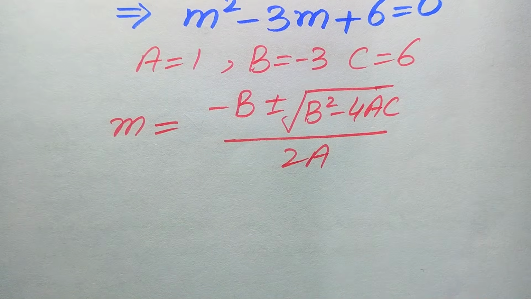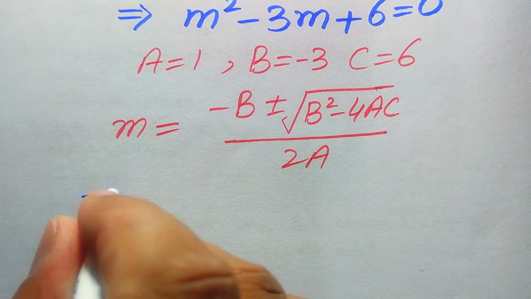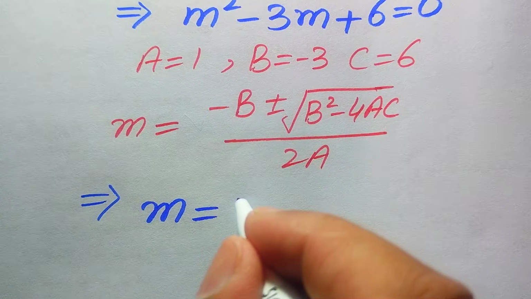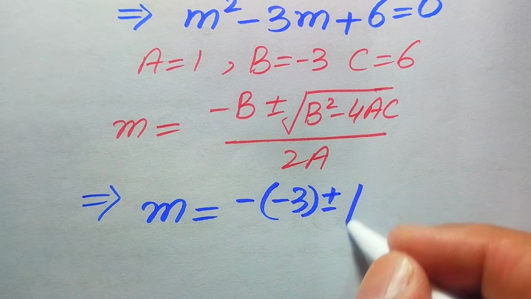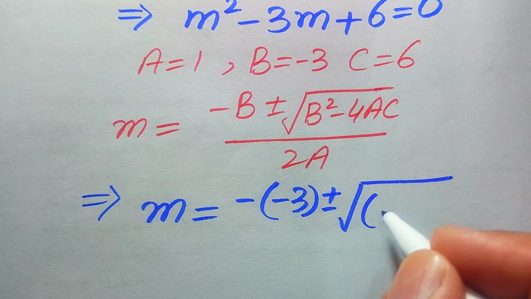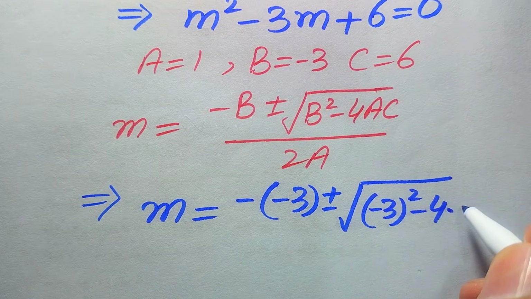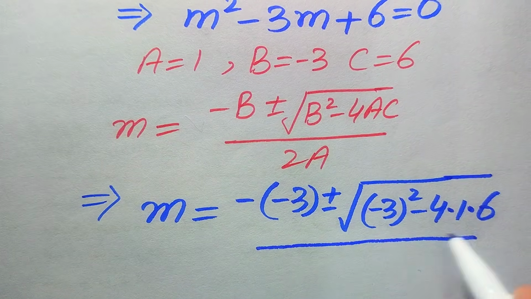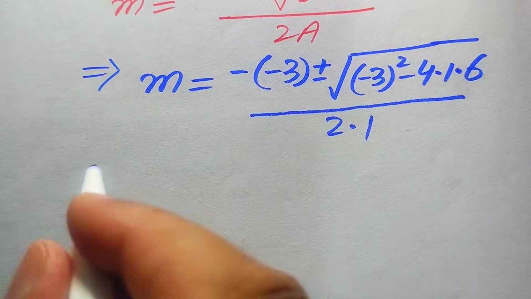When we substitute these values in this equation, it is written as m equals minus b, the value of b is minus 3, plus minus square root of b squared, b is minus 3 squared, minus 4 times a, which is 1, and c, which is 6, divided by 2 times a, and here a equals 1.